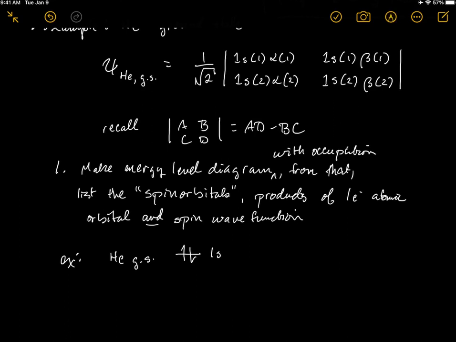This is giving us a basic picture of the electronic configuration. And then we can take this apart and list the corresponding spin orbitals. That would be 1s alpha, without the parenthetic numbers, without the labels. So there's a 1s alpha, and then there's a 1s beta.